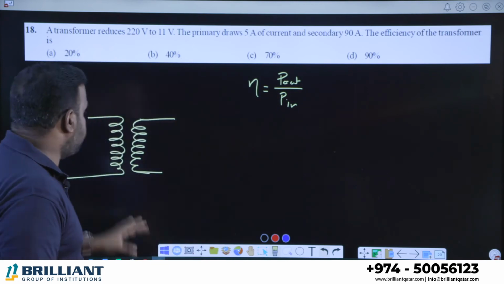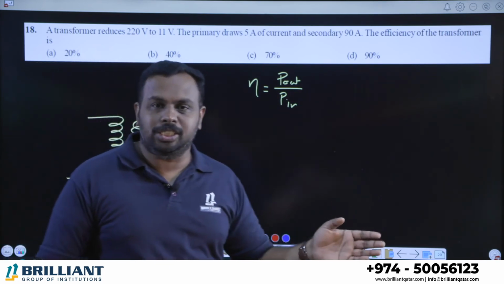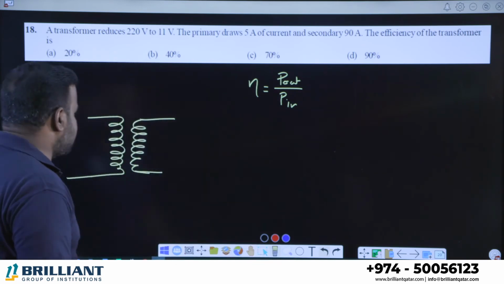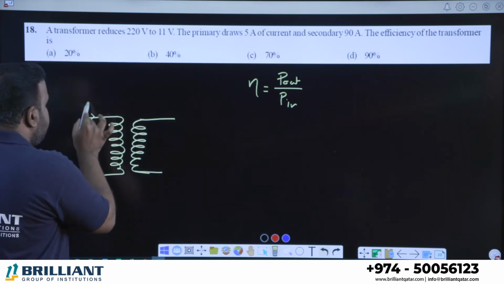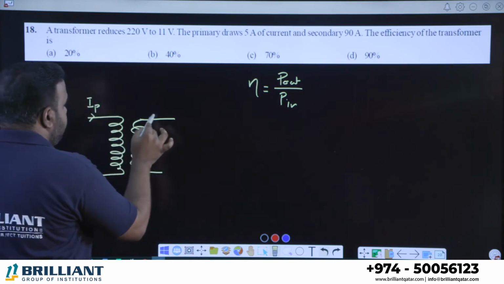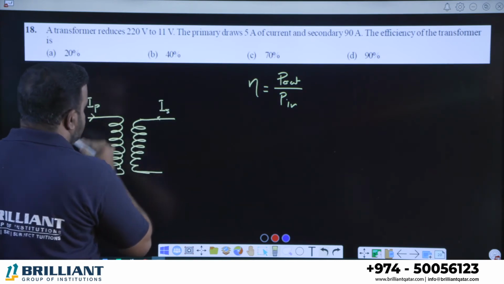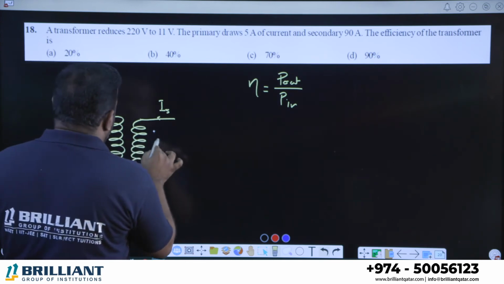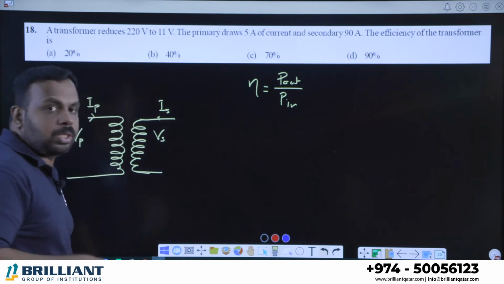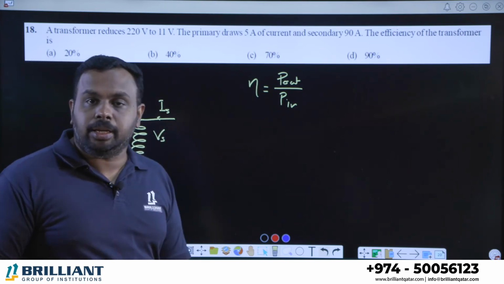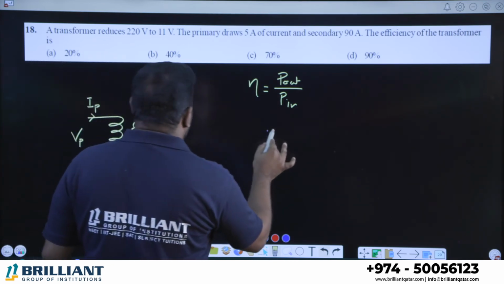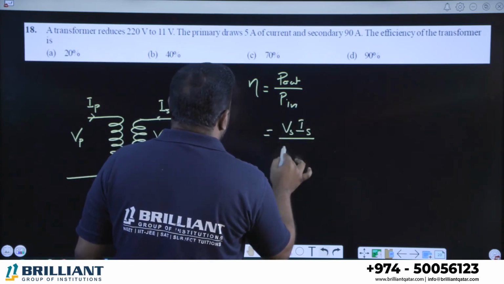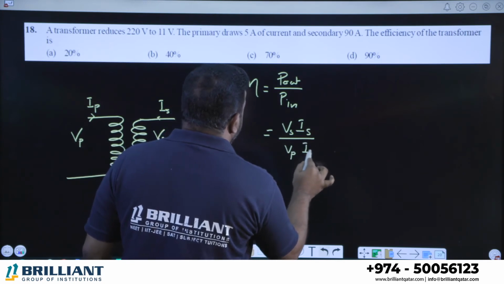Now, how can we find the output power? In a transformer, there are two coils. The coil through which the input is given is called the primary coil, and the other is the secondary coil. The current through the primary we can represent by IP, and the current through the secondary is IS. Voltage across the primary is VP, and across the secondary is VS. Power is V into I, so the output power will be VS into IS, and input power will be VP into IP.